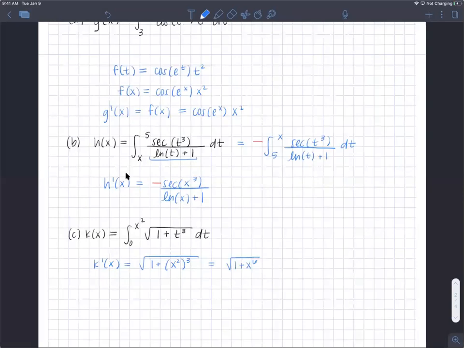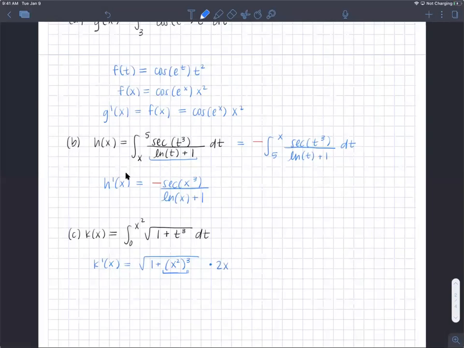Oh, but I'm missing something. Sorry, I forgot to include this. Because this is a derivative, you have to take the derivative of this guy now. It's very similar to the chain rule, kind of. You have to take the derivative of your inside, and my inside here is x squared, so you have to multiply it by 2x.